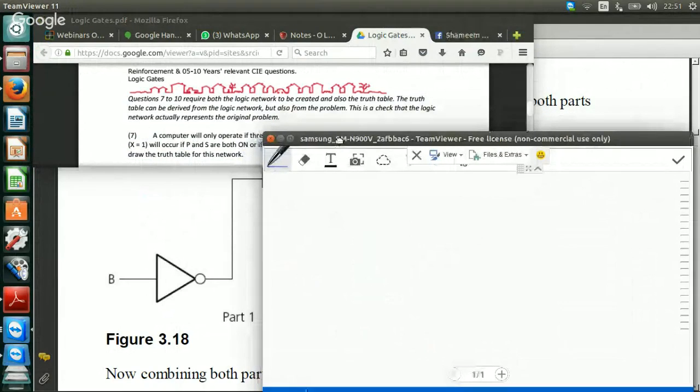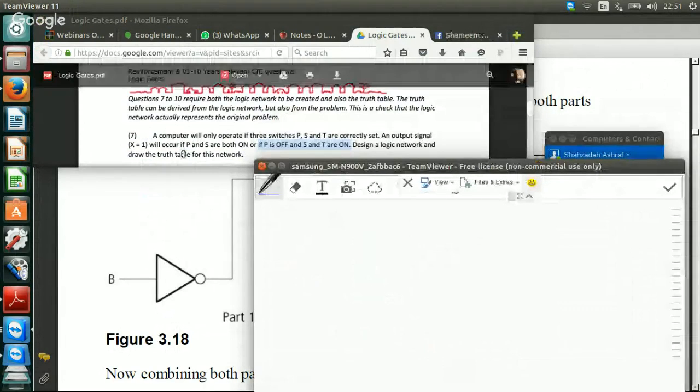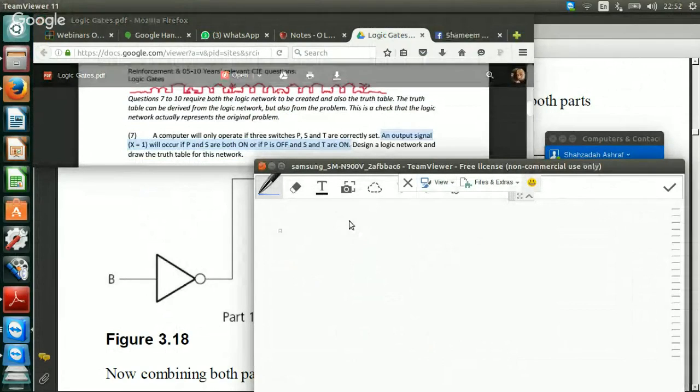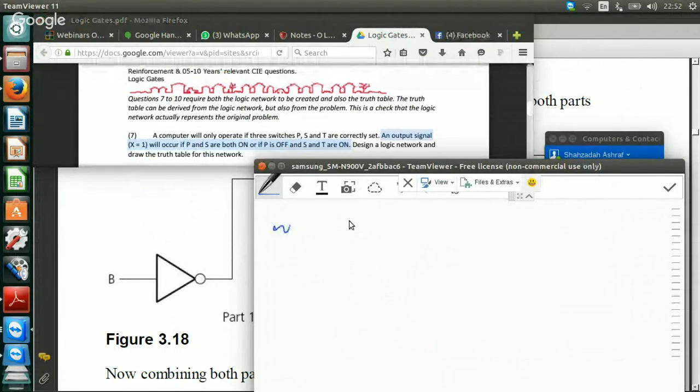All right. So just look into it again. An output signal X will be 1 only if P and S are both on, and the second condition is if P is off, S and T are on. So let's do that. P and S both are on.